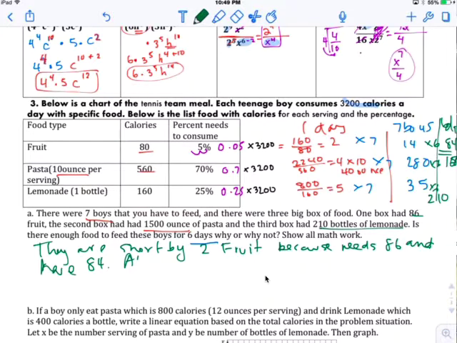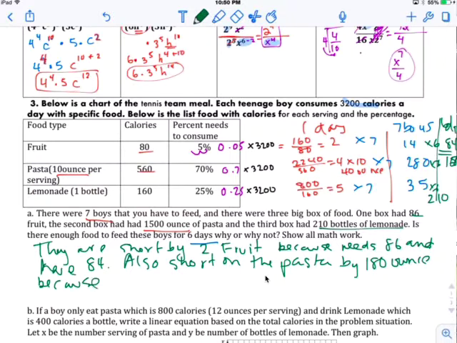Also short on the pasta. By 180 ounces because have only, no, you're not short of pasta.